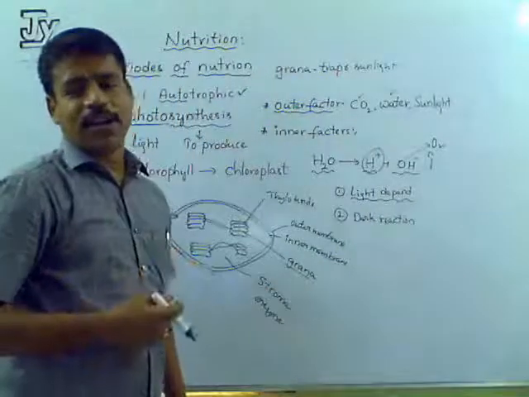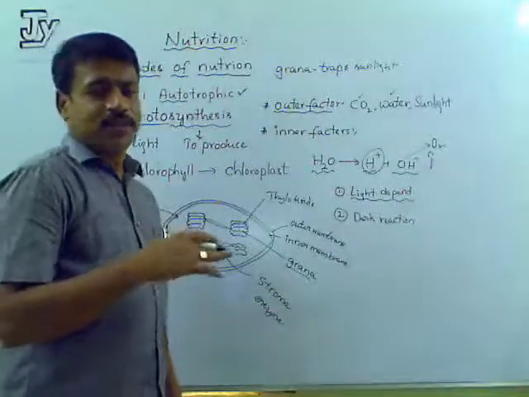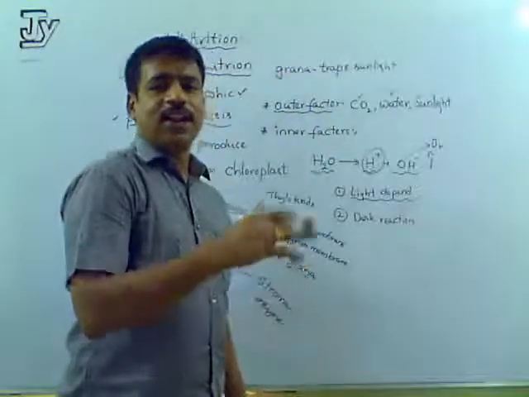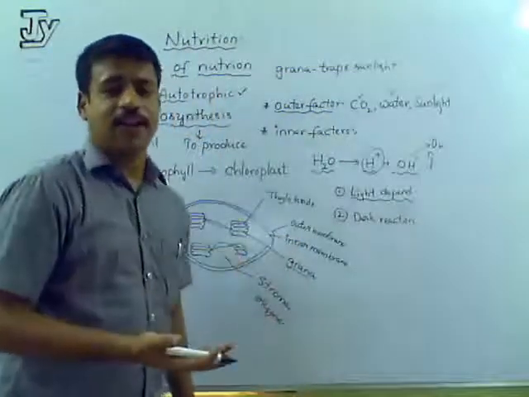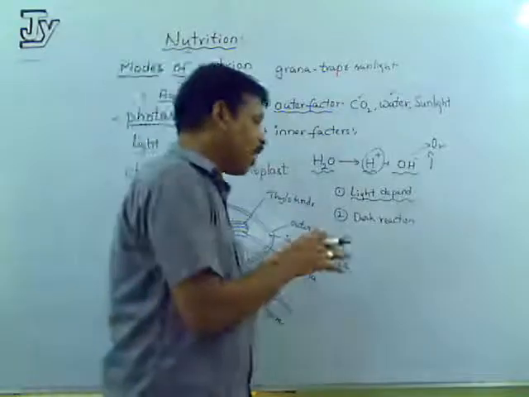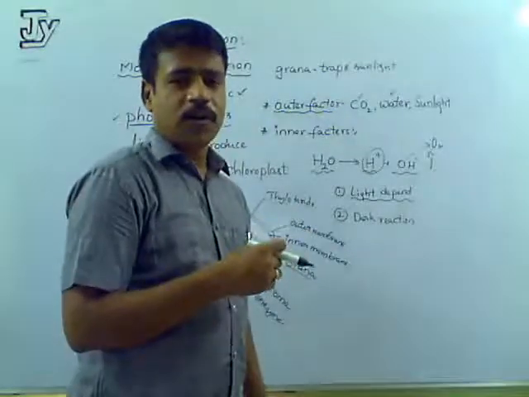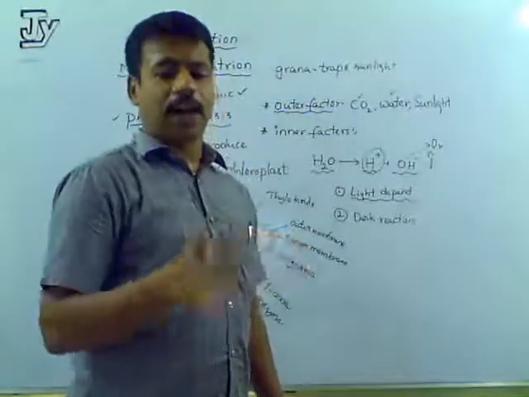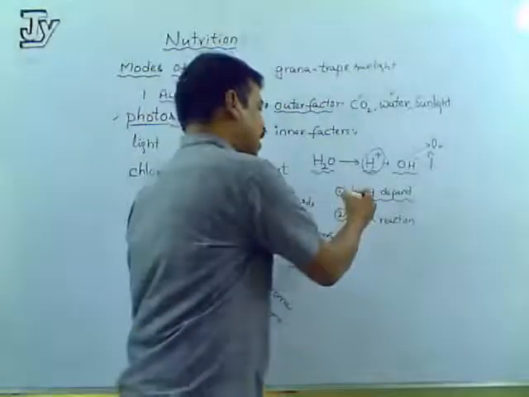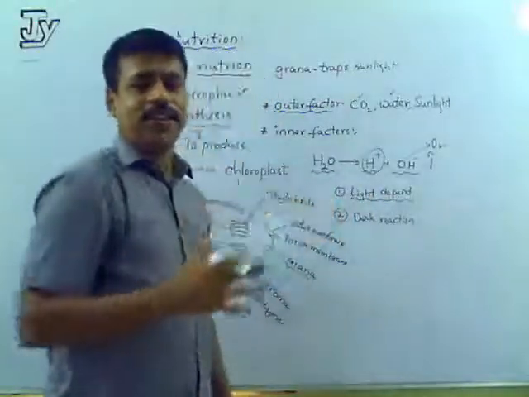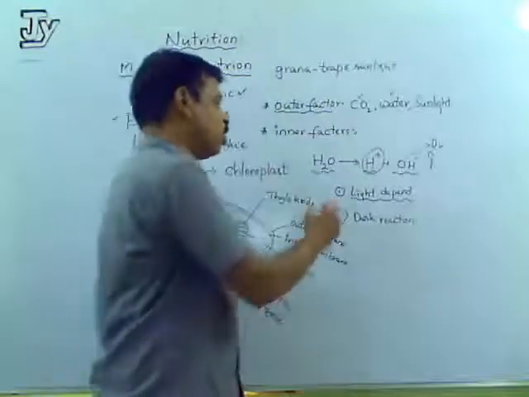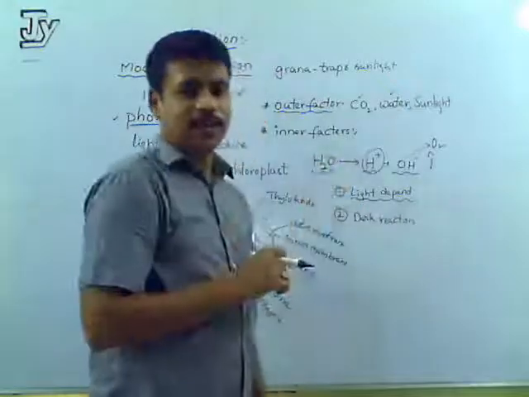And what about the dark reaction? In the dark reaction, light may be necessary or not. The dark reaction occurs whether light is available or not. But the light dependent reaction must occur in the presence of sunlight.